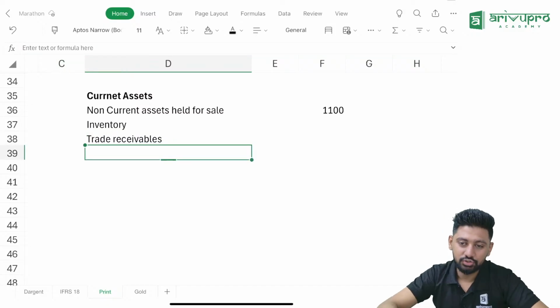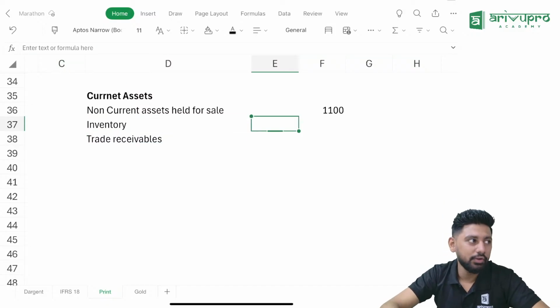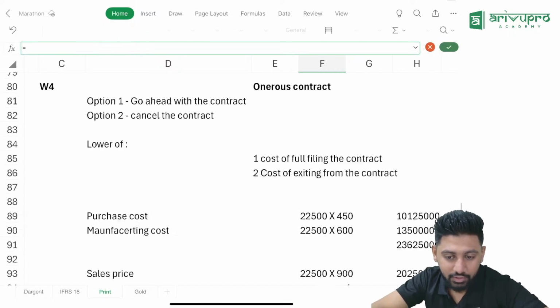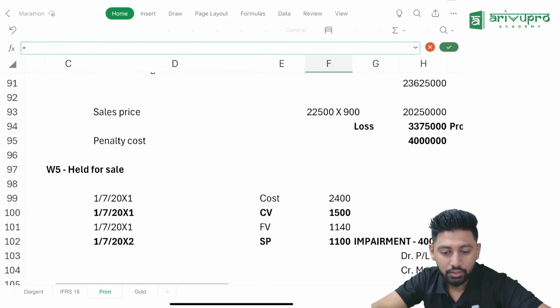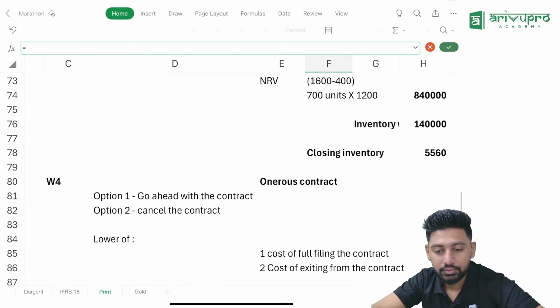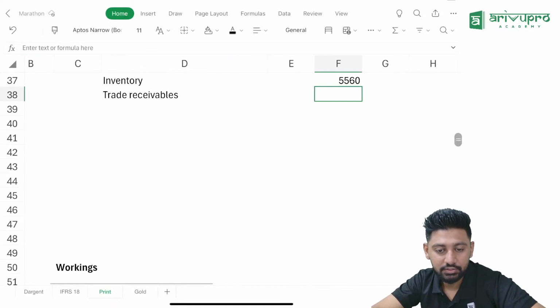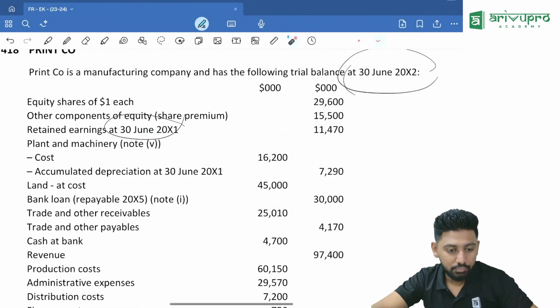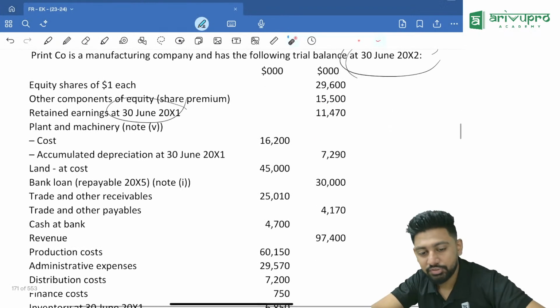Normally that is our structure. Our closing inventory, we've already calculated it somewhere. There you go, 5560. And then I have my trade receivables, 2510.